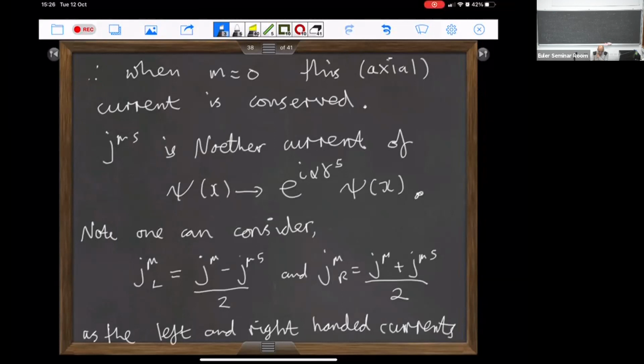And often, instead of considering J^μ and J^μ5, we consider their sum and difference, because these are purely left-handed or right-handed currents, and obviously conserved, because J^μ and J^μ5 are conserved.